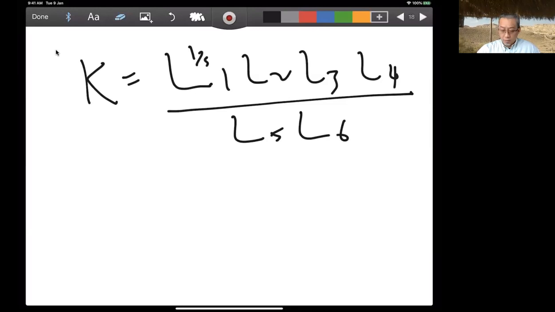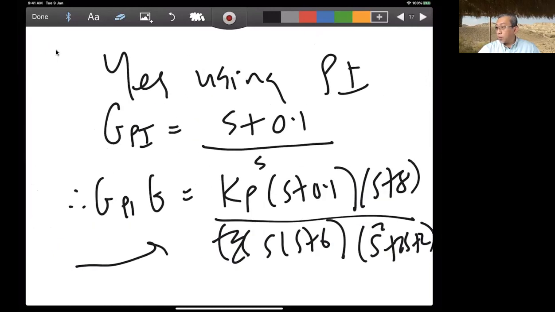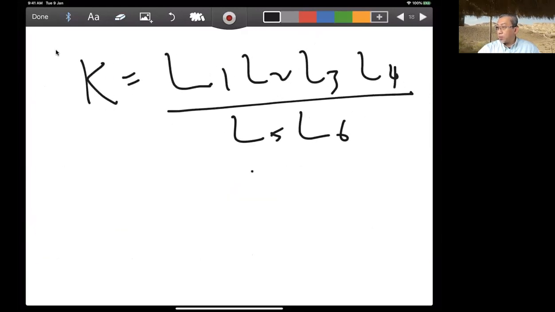L3 is because of the 1 over s plus 1. You have to check, because for this you have 2 zeros, s plus 0.1 and s plus 8. That's why this one is 0.1 and 0.8.